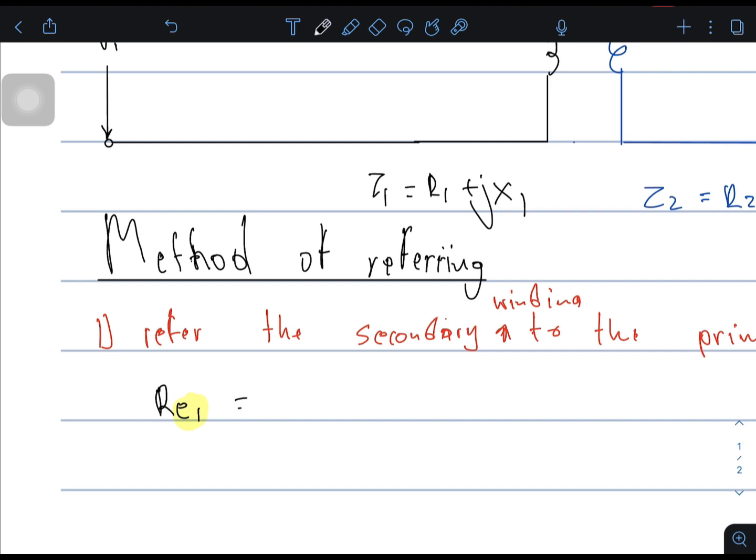So equivalent resistance is equal to, why are we calculating equivalent resistance, equivalent reactance and equivalent impedance? It is because we want to know the internal voltage drops of this transformer. Because internal voltage drops will determine the output voltage, the voltage that is appearing at the output terminals. Okay.